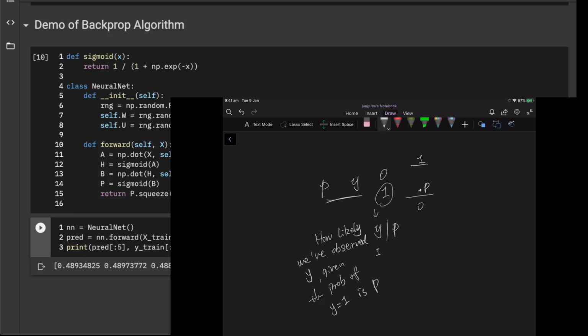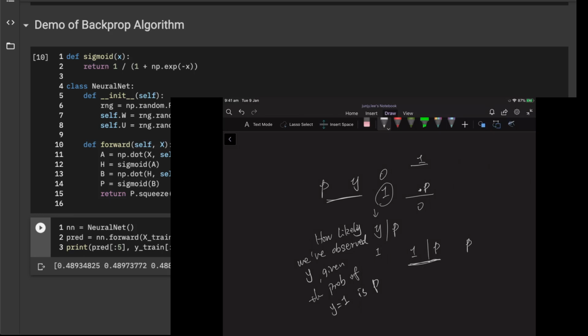This is a little bit of a mouthful, but if you consider it carefully, it makes sense. If the observed y is 1 and the probability of y equals 1 is p, this event occurs with the chance of p.